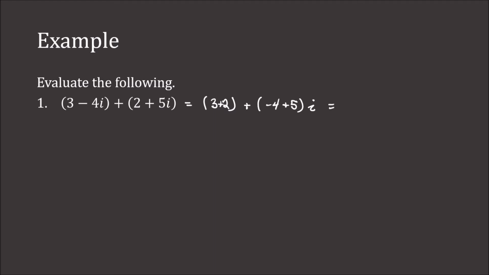And so this is 5 plus i. Okay. For subtraction, it's the same thing. So let's subtract the two real parts. So we get 2 minus 3. And the imaginary part will have 5 minus negative 4. And so we get negative 1 plus 9i.